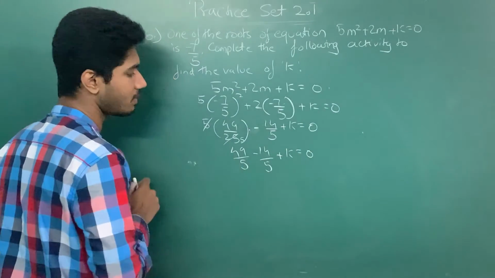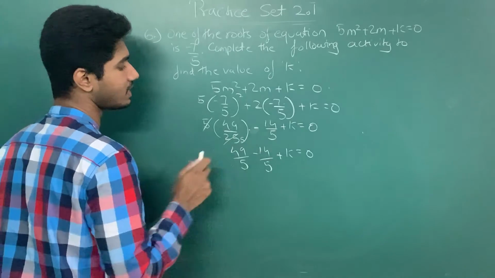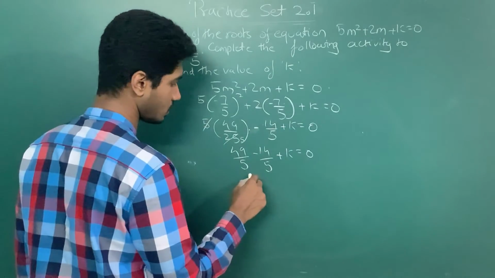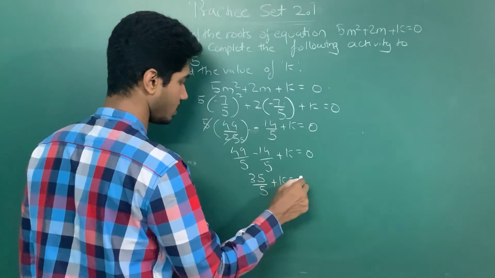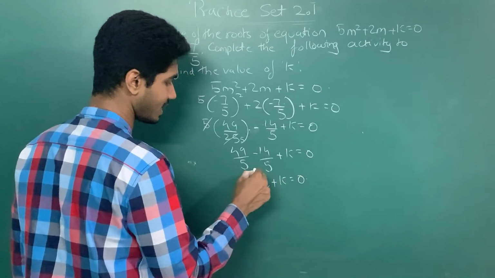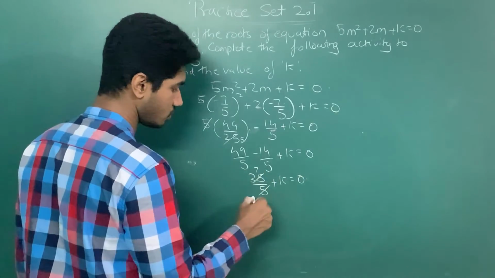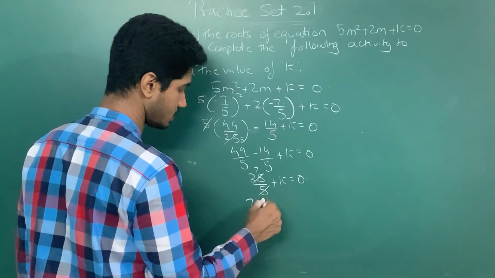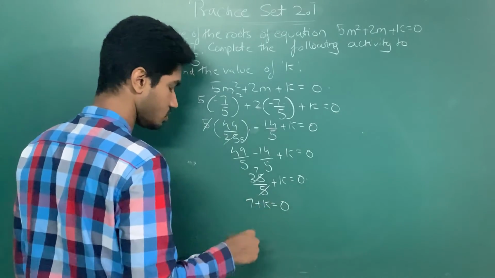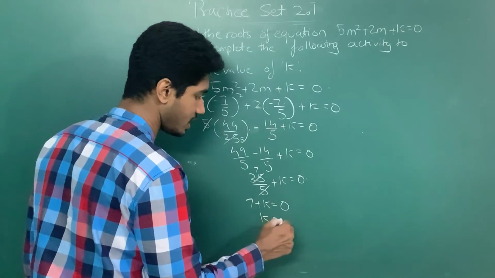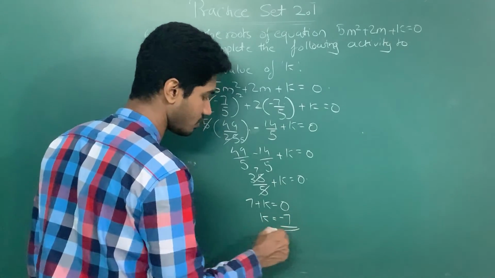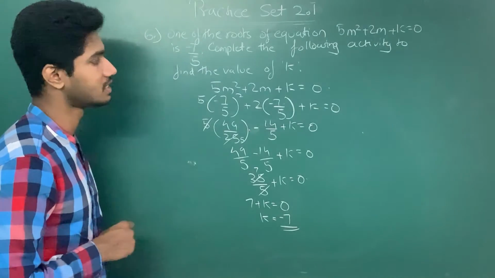Now the denominator is the same. So 49 minus 14 will give you 35/5 plus k equal to 0. This and this will get cancelled and you get 7. So you are left with 7 plus k equal to 0. So when I shift 7 to the right hand side, I'll get the value of k as -7. So the value of k is -7.